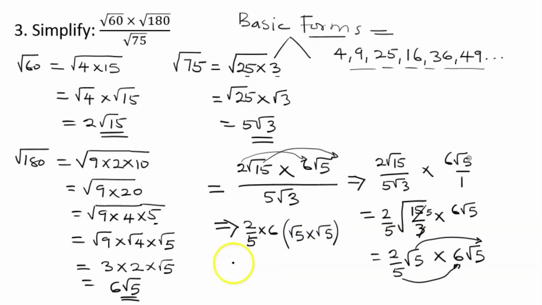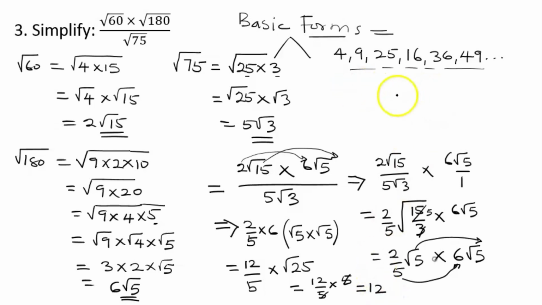If this is done properly, this is 12 over 5. Now root 5 multiplied by root 5, of course, gives us root 25. Are we following? Root 25 is 5, because the square root of 25 is 5. So it's 12 over 5 times 5, we cancel 5 here, and we'll be left with 12.